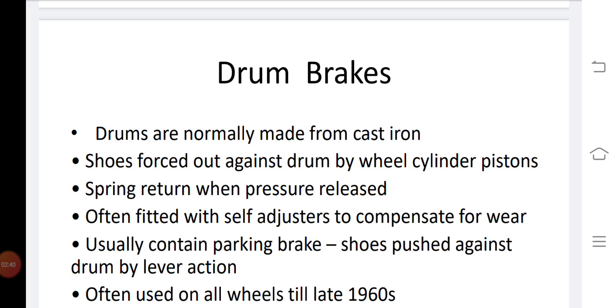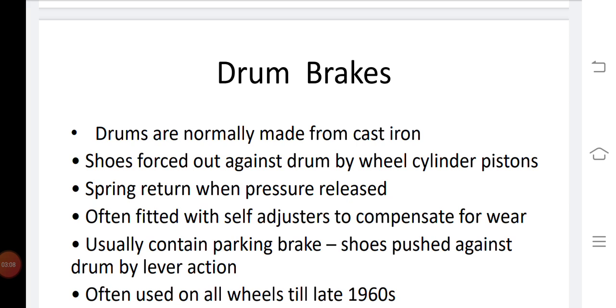These shoes are forced out against the drum by wheel cylinder pistons and spring returned when the pressure is released, and often fitted with a self-adjuster to compensate for wear of the shoes.